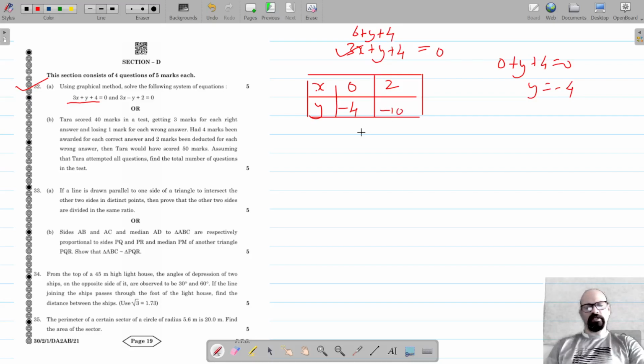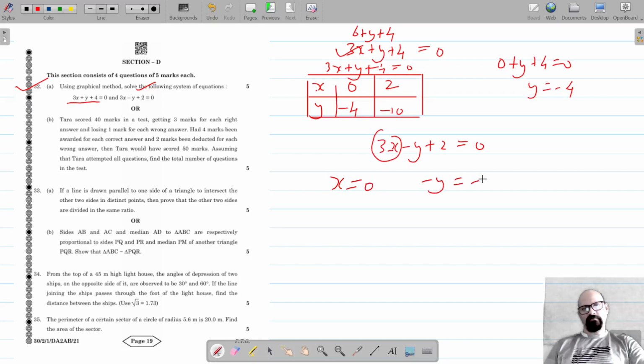So these are the coordinates for the line 3x plus y plus 4 is equal to 0. Now the next is 3x minus y plus 2 is equal to 0. When I put x is equal to 0, this gives me minus y is equal to minus 2, and y is equal to 2.